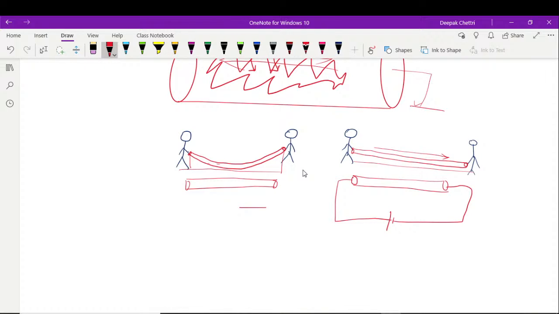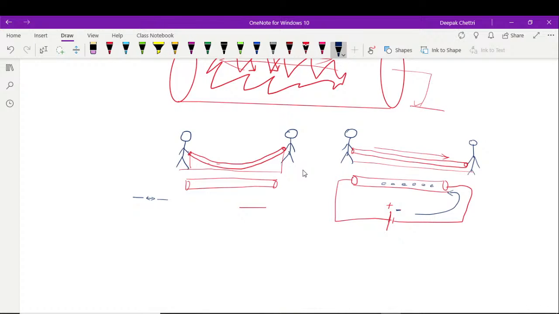So how does it create this? The longer end of the battery has a positive charge, so that is a positive potential, and the smaller line is at a negative potential. Whatever free electrons are there inside this conductor will be forced by this negative terminal. What happens when two negative charges come close to one another? There is repulsion.